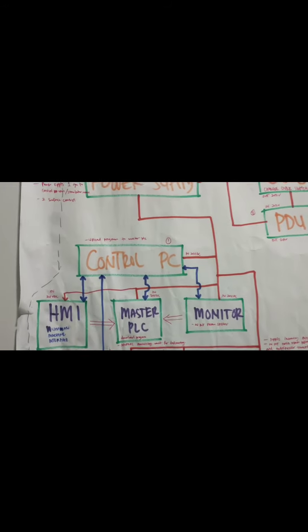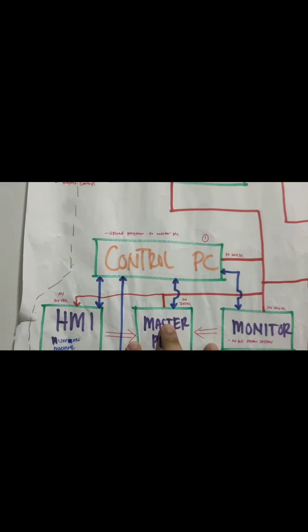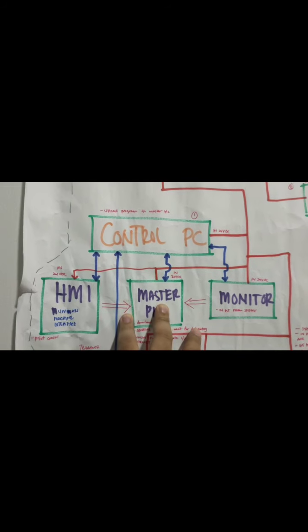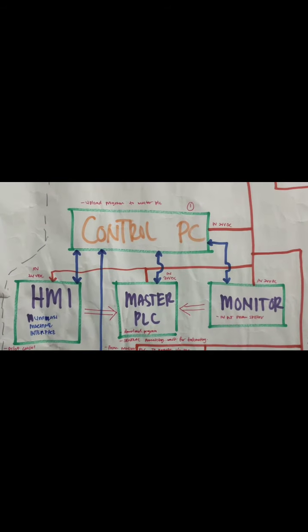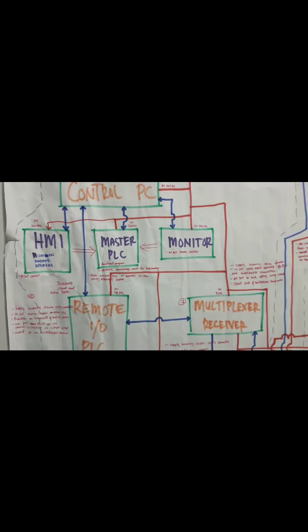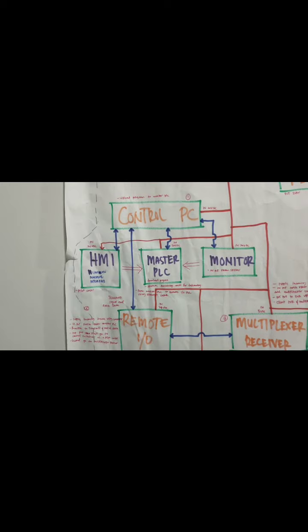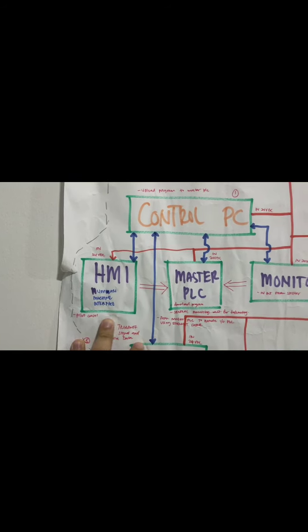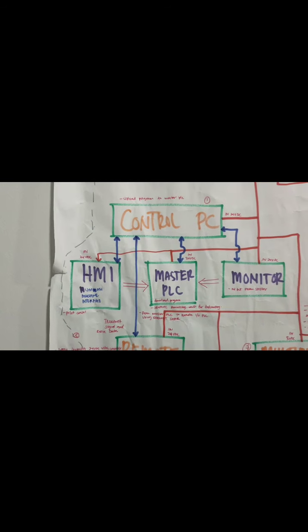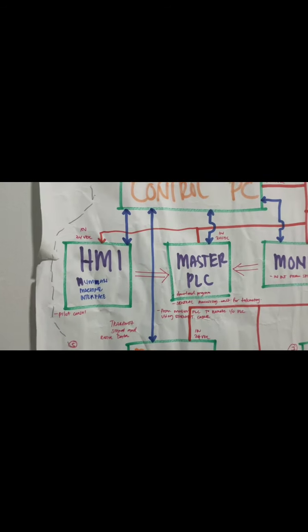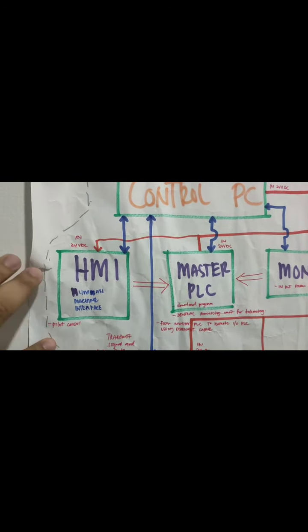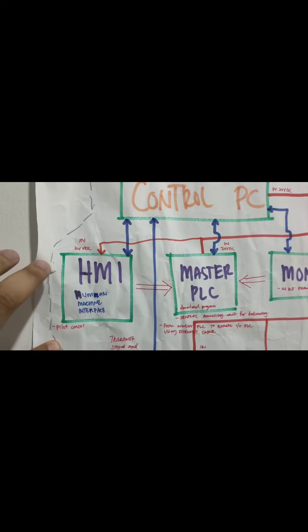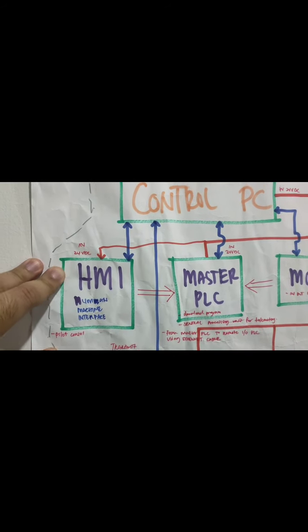Next, the power will go to the control PC here, and the control PC will activate each of the components. The first one is the human machine interface. The human machine interface, like we saw earlier, has incoming 24 DC volt.